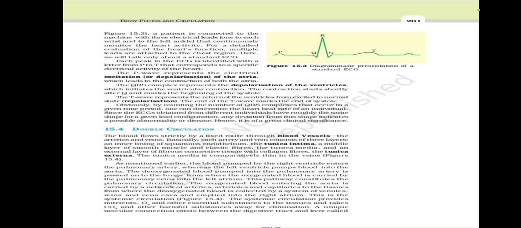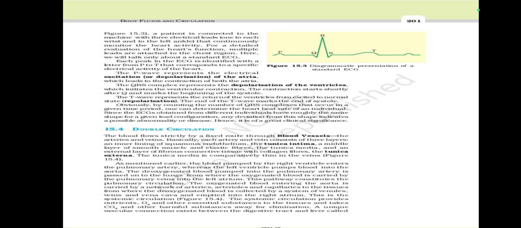Basically, each artery and vein consists of three layers: an inner lining of squamous endothelium, the tunica intima; a middle layer of smooth muscle and elastic fibers, the tunica media; and an external layer of fibrous connective tissue with collagen fibers, the tunica externa. The tunica media is comparatively thin in the veins.